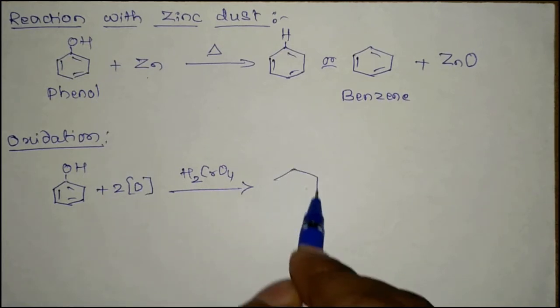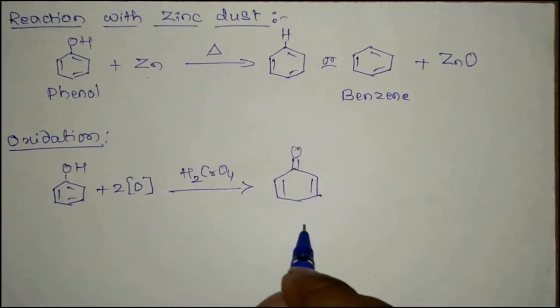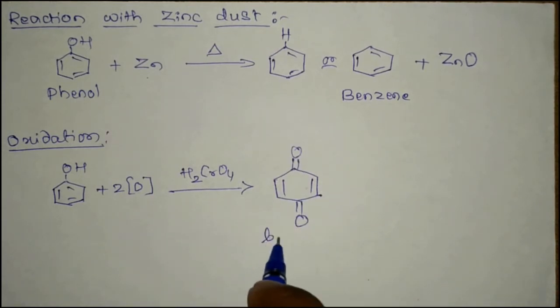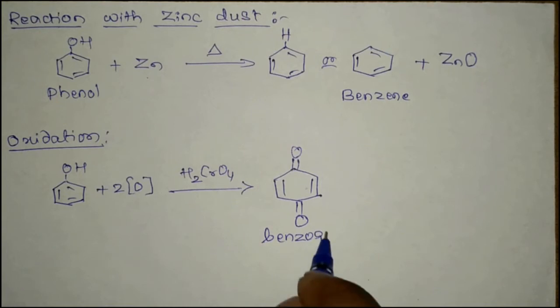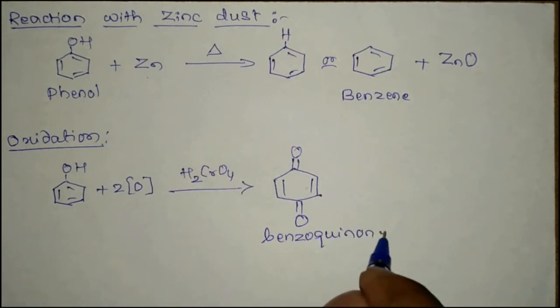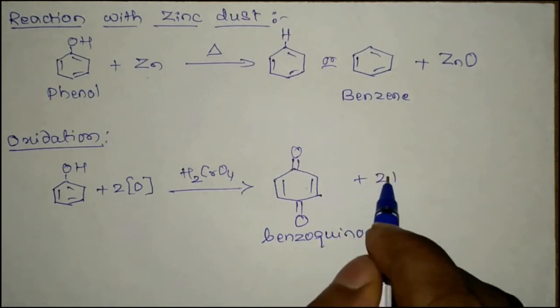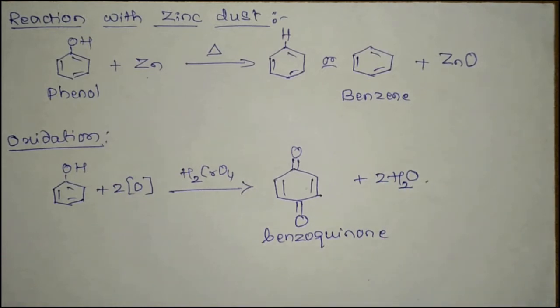You are going to get the compound benzoquinone plus 2H2O. Here the phenol is converted into benzoquinone.